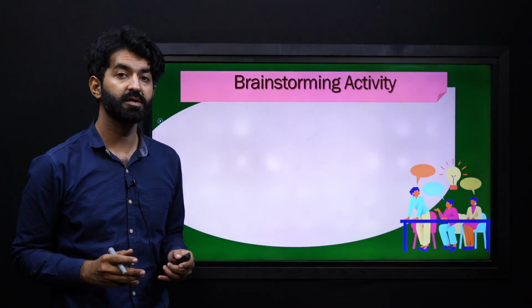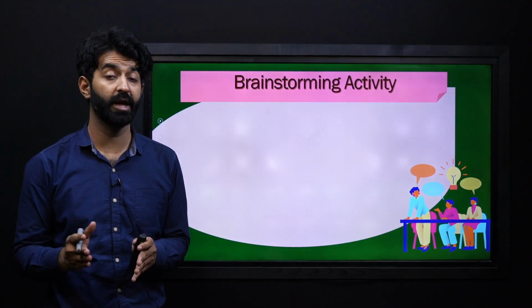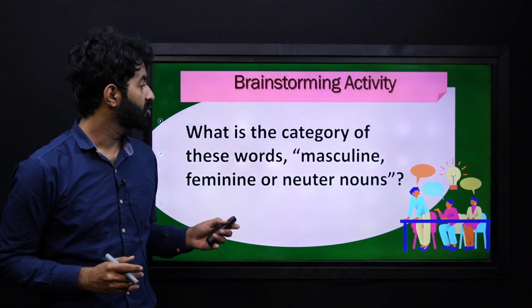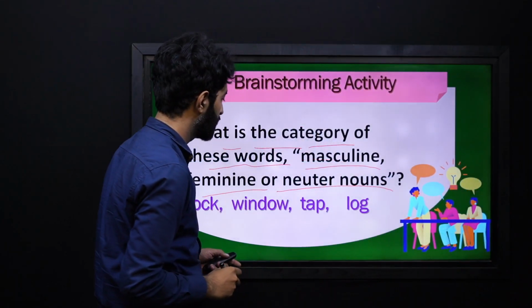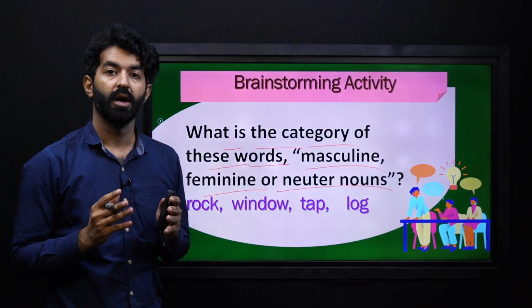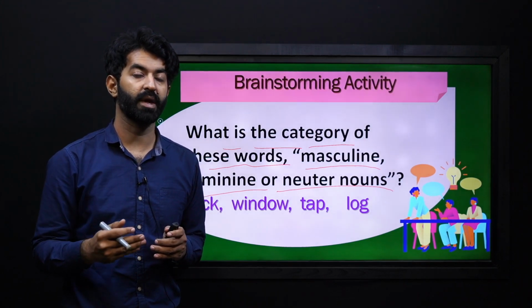Now my dear learners, time for a brainstorming activity before we begin the actual lecture. We have an interesting question for you. What is the category of these words? Masculine, feminine or neuter nouns. These are the words. I want you to read them and then do a brainstorming activity.